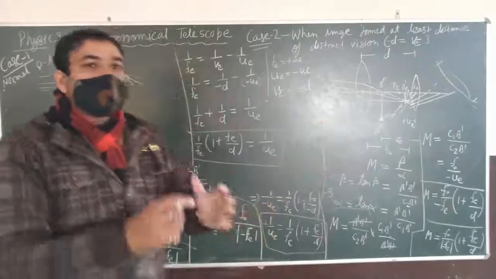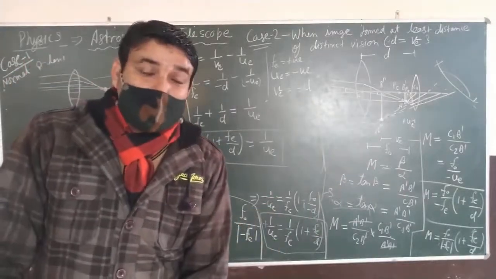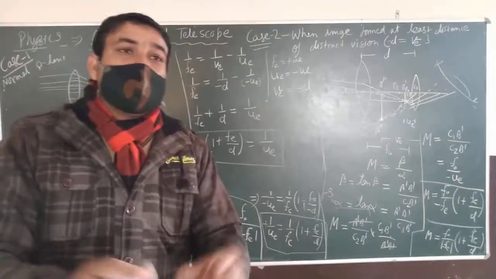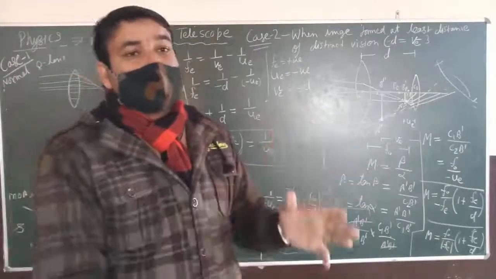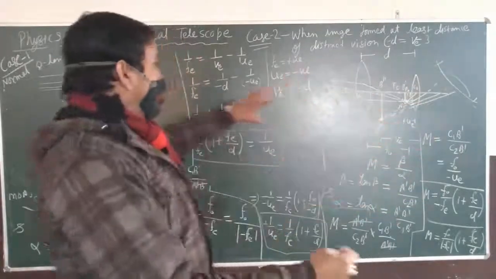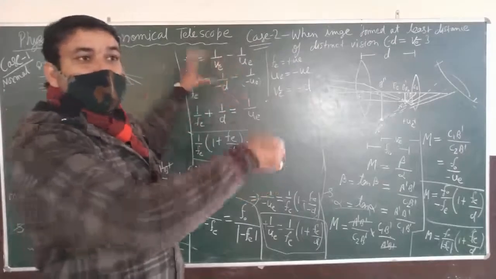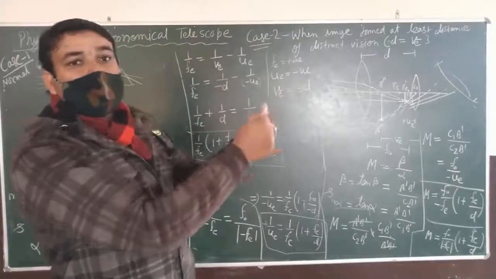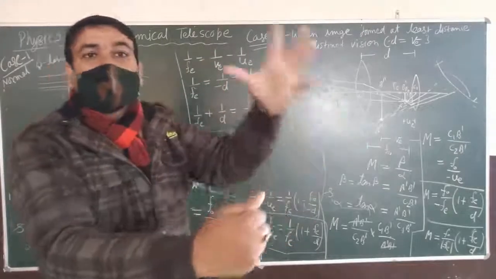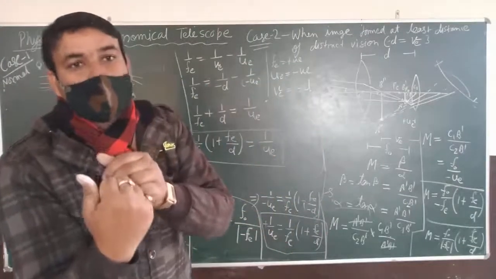So we use a different kind of telescope, which is called a reflecting telescope. Reflecting means there should be an arrangement related to mirrors. The light coming from the star is first reflected by a spherical reflector, then falls on the plane mirror and then comes to the eye of the observer.